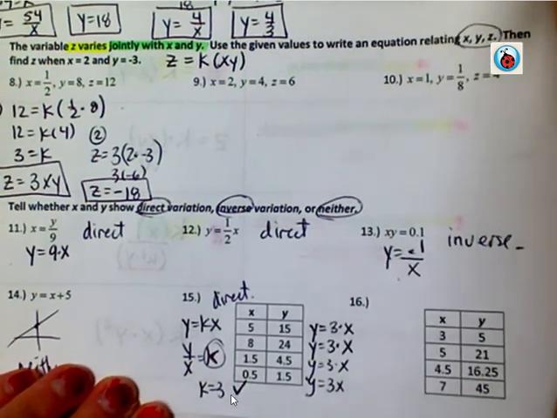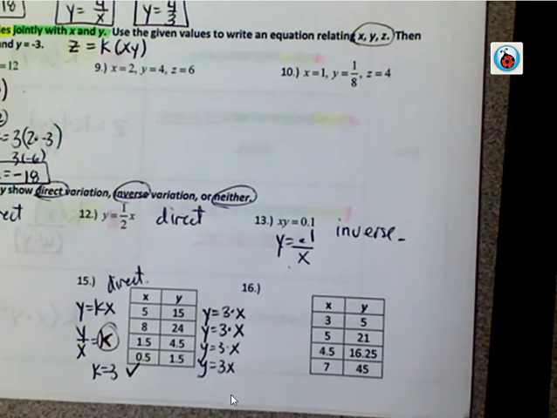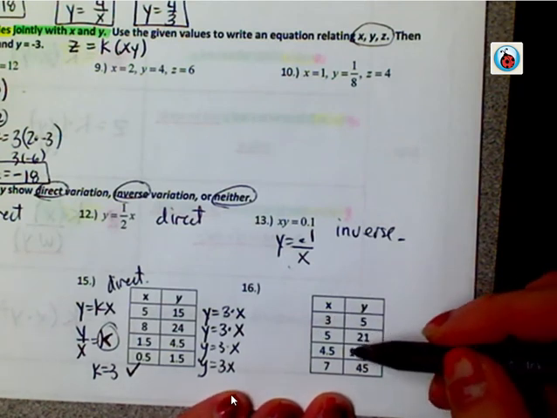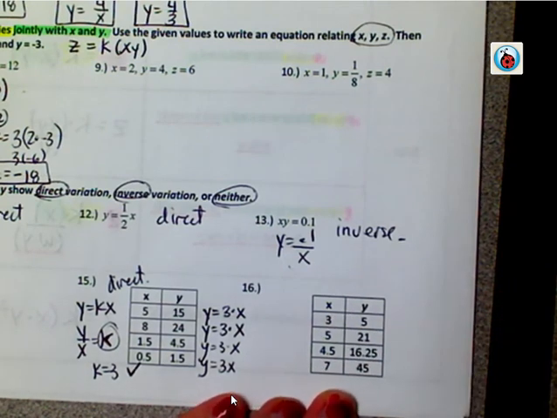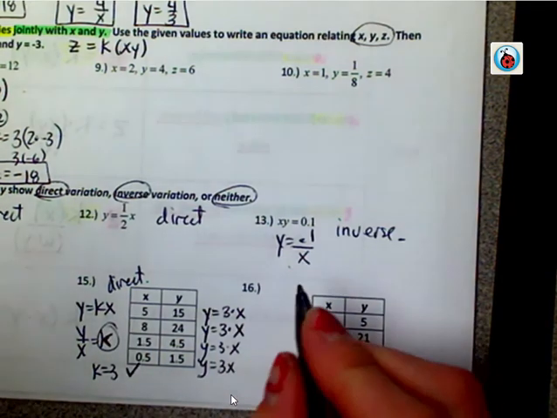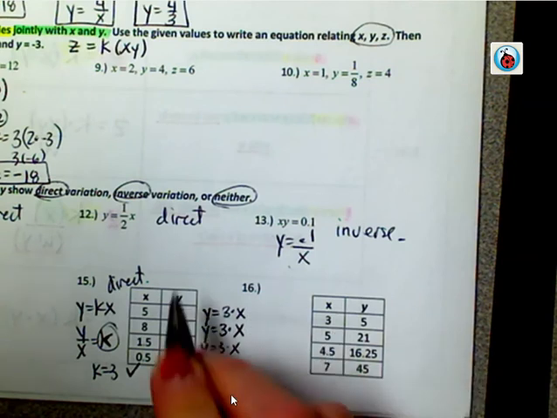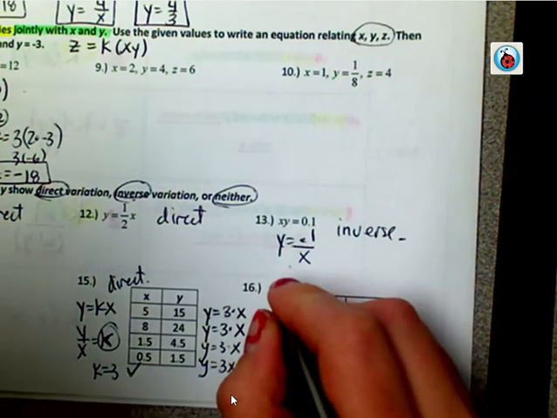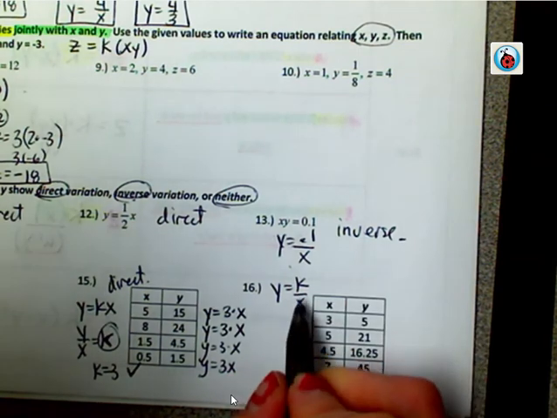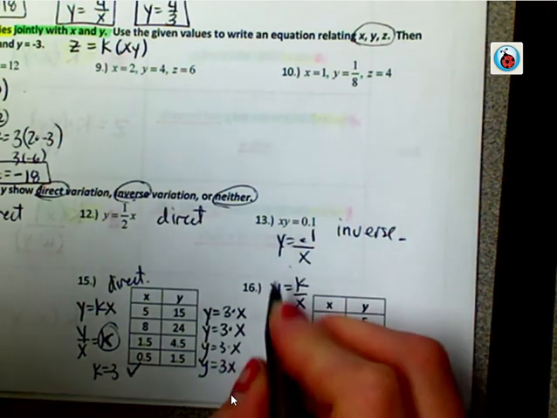Let's look at the next table. Okay, so 3, 5, 5, 21. Well, those numbers look not as easily relatable as the first set. So I'm not going to check direct. I'm going to check inverse. Okay, well, I don't have k, but I do have x and y.